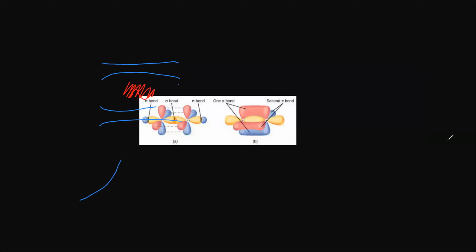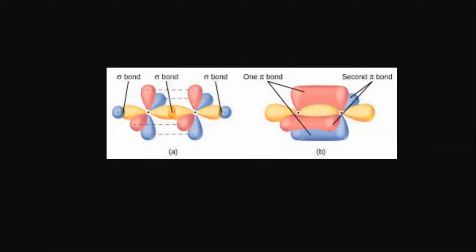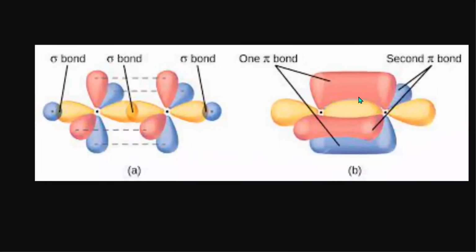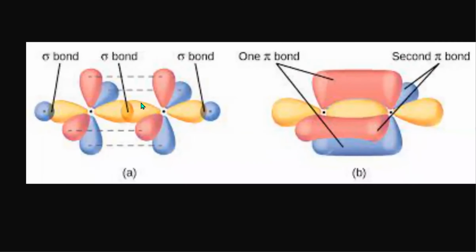Like this one. One second. Right, so you have the p and p orbitals, they overlap right in the middle. And then one of the p orbitals overlaps with one of the other p orbitals above and below.